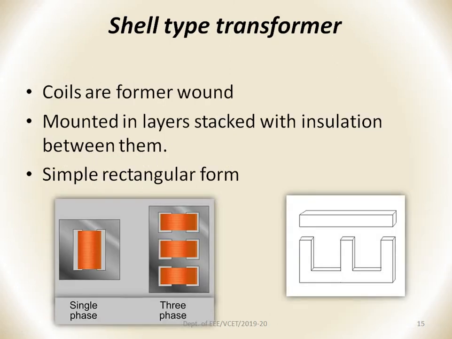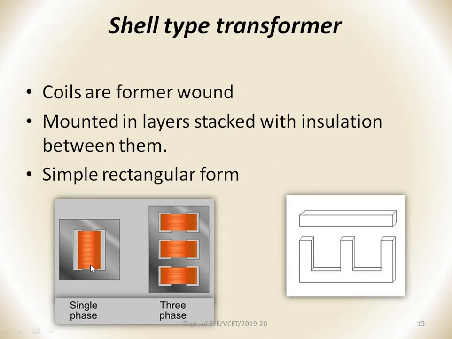Next we will get into the discussion of the shell type transformer. Here the coils are stacked. So here you can find that one above the other the arrangement is formed. And as I mentioned, you will have the limb as an E-shaped and L-shaped structure which forms a rectangular shaped structure, and over this you will be winding the primary and secondary.